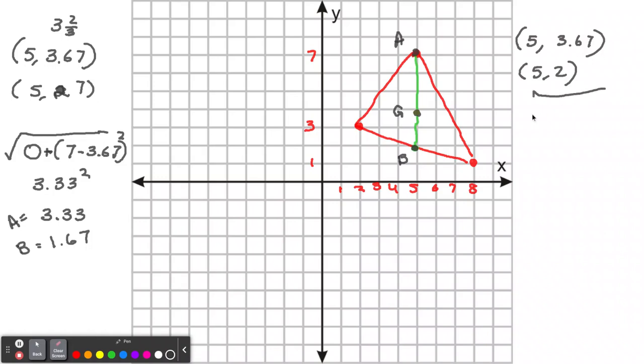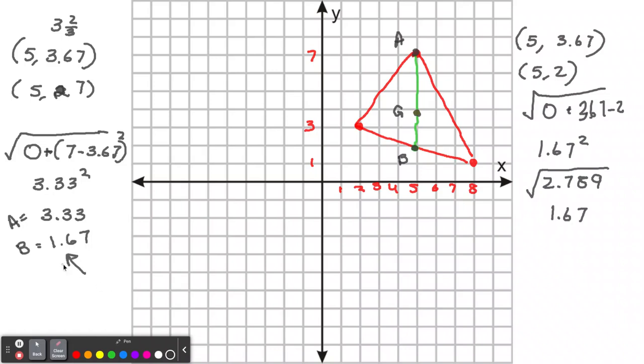The x's cancel, they're just 0. Now we do 3.67 minus 2. It doesn't matter if we did 2 minus 3.67, you'll still get the same answer. That'll be 1.67 squared, which is roughly 2.789. If you square root that, you just get 1.67, which we found right here. So the math proved it. There's the ratio of 2 to 1.